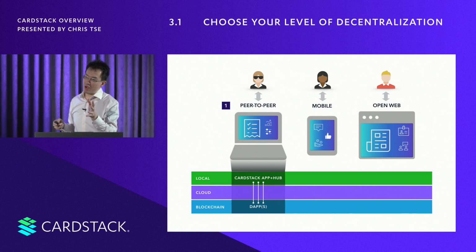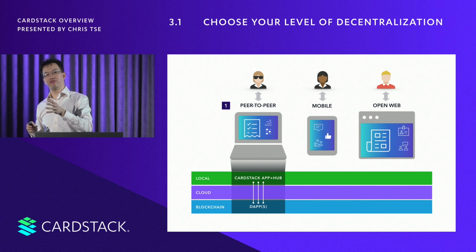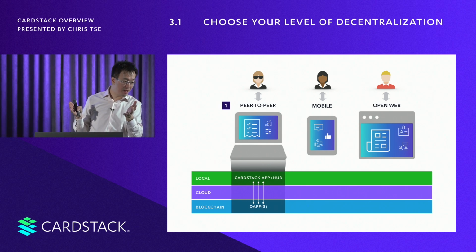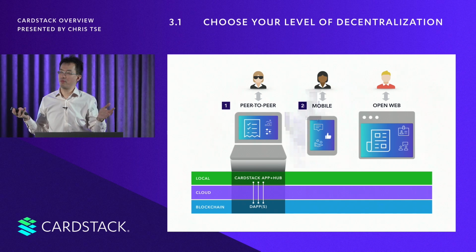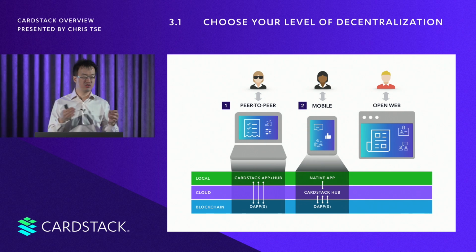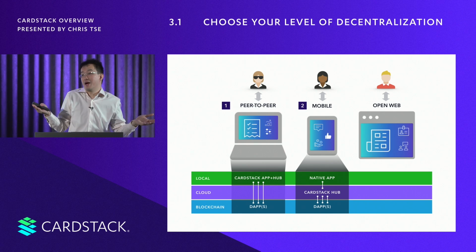But the reason why peer-to-peer got out of favor is that there's a lot of convenience to the other approaches, which I call the mobile approach and the open web approach. The mobile approach is simply this. Not every single feature that you can do in a peer-to-peer app would be approved in an app store.